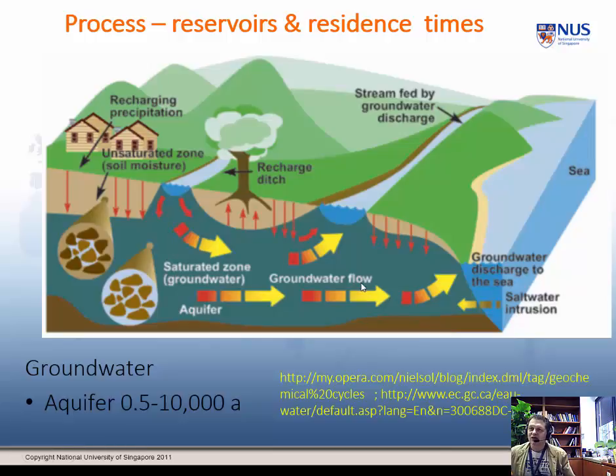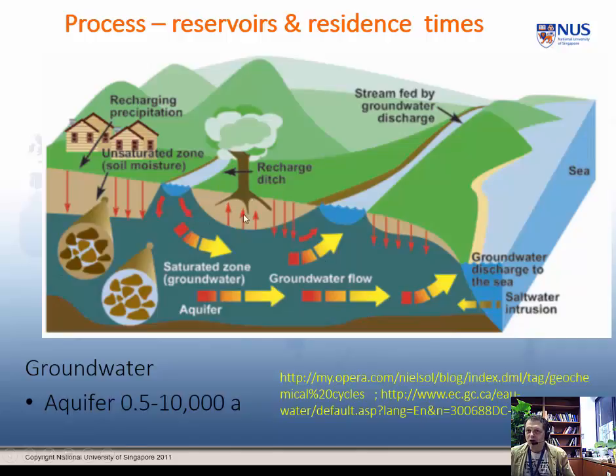I should mention, not relevant to this module, but where you have a land-sea interface, for part of this aquifer there will be a seawater intrusion, so part of the aquifer will be saline or salt. Now, if there's a strong flow this way, which generally means that people aren't taking water out, so for instance if there were wells here, that would reduce the level of the aquifer and reduce the flow.